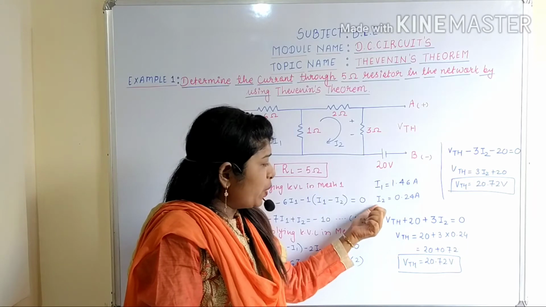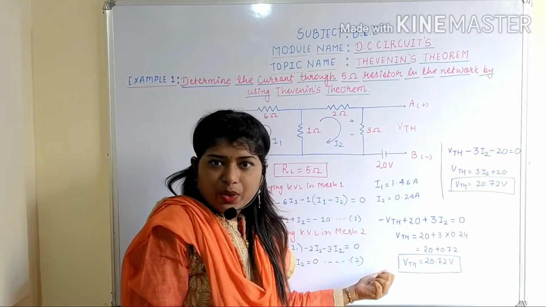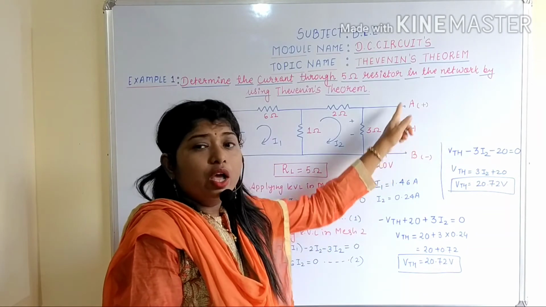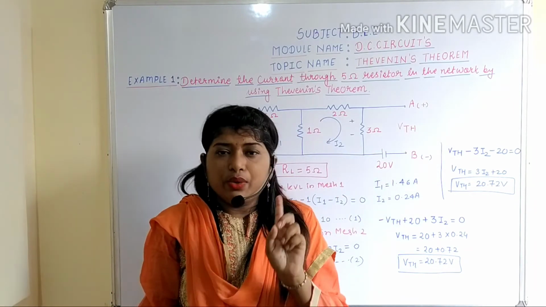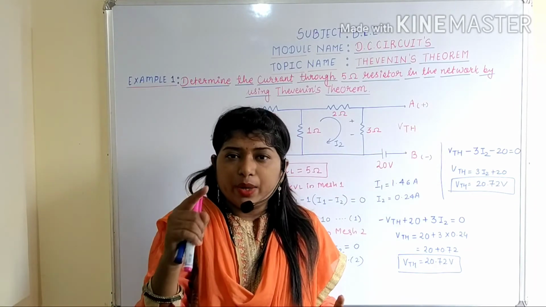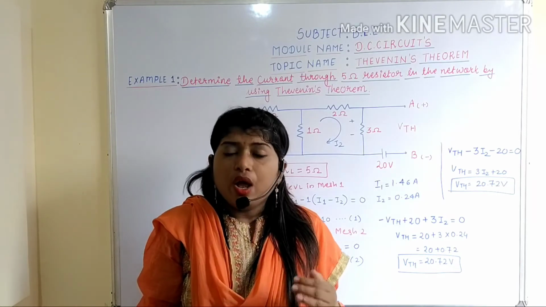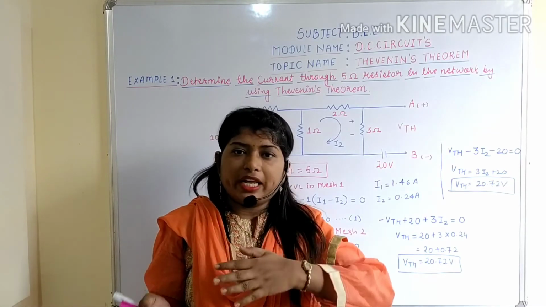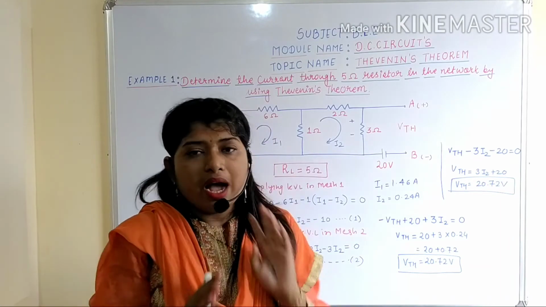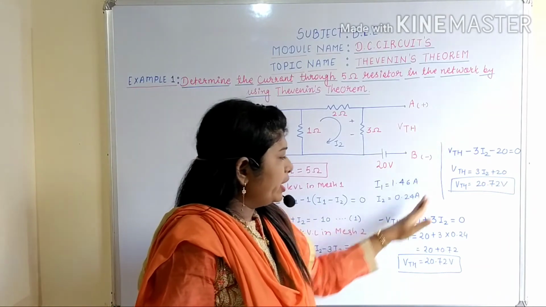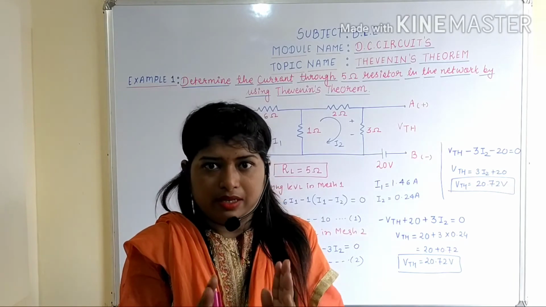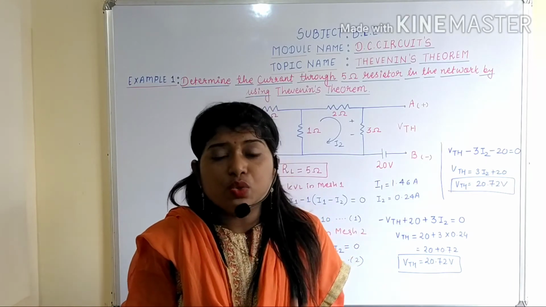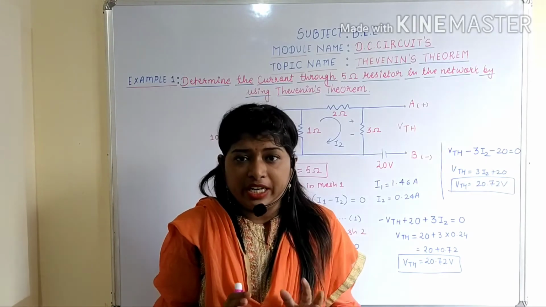We require the I2 value in the VTH equation because, as I told you, you have to apply KVL in two ways. You can apply KVL from higher potential to lower potential, or from negative to positive, lower to higher potential. So you will get two different equations, but you will get the perfect same answer. I hope you have understood how to calculate VTH.